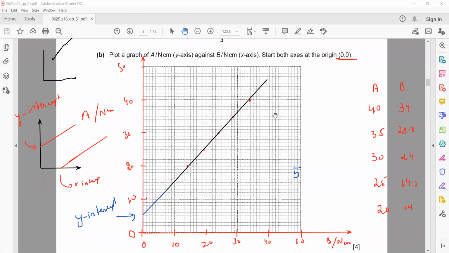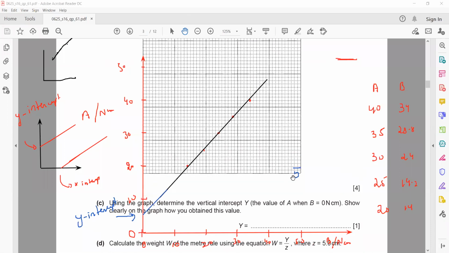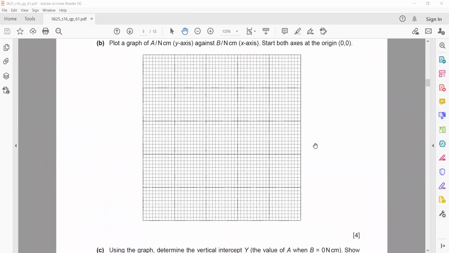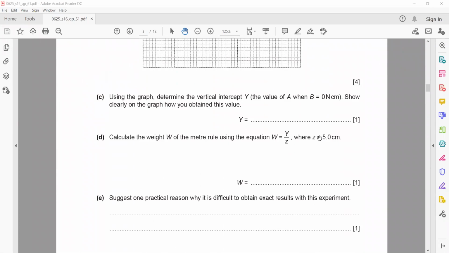It's according to the graph which you will plot. Is it clear? The y-intercept? So your y-intercept appears to be 5.